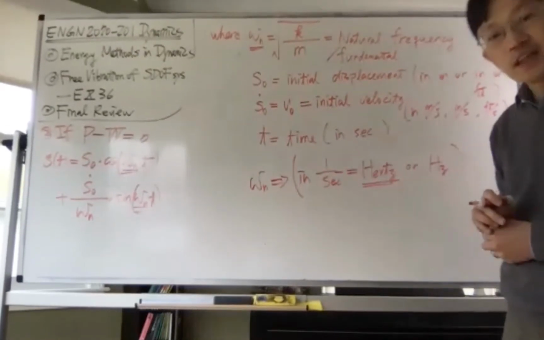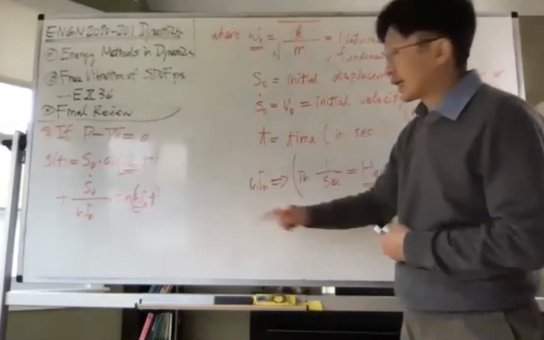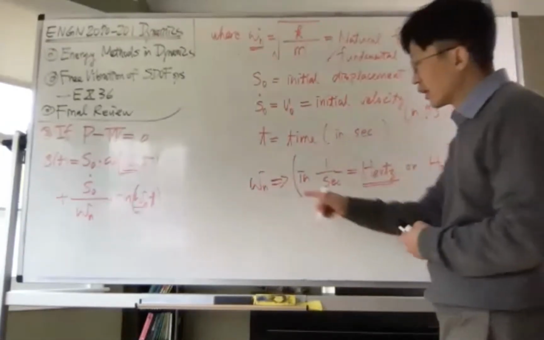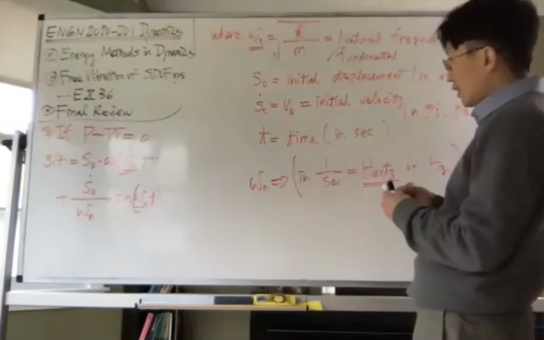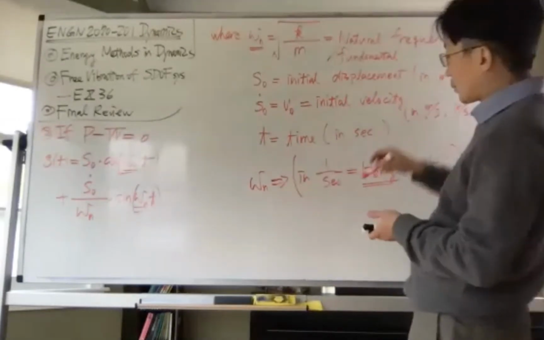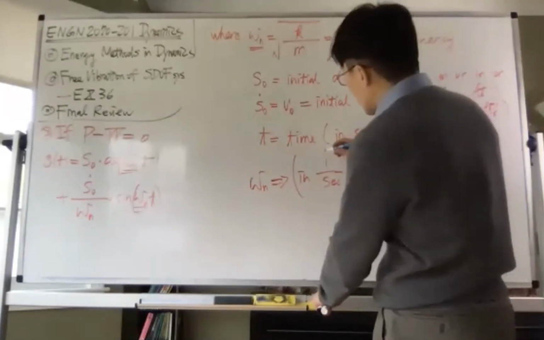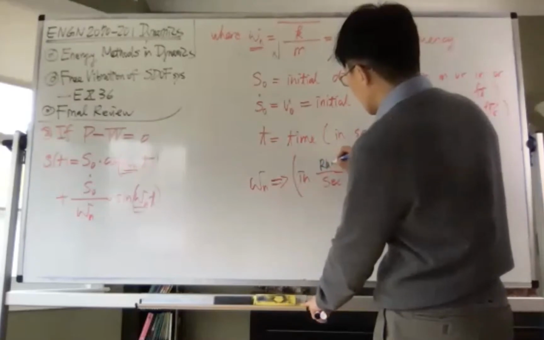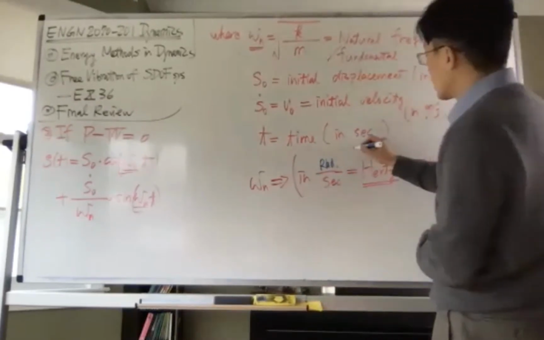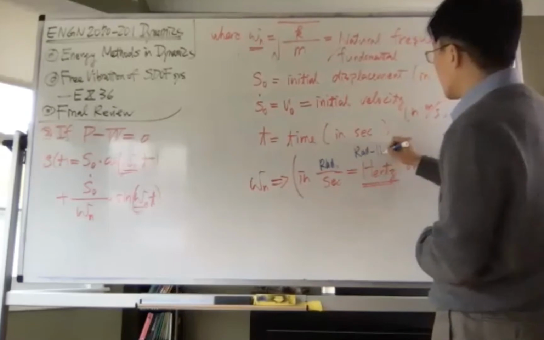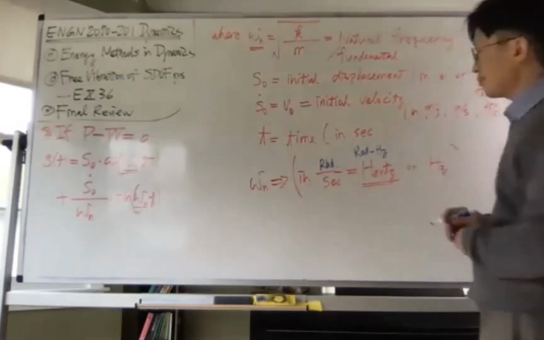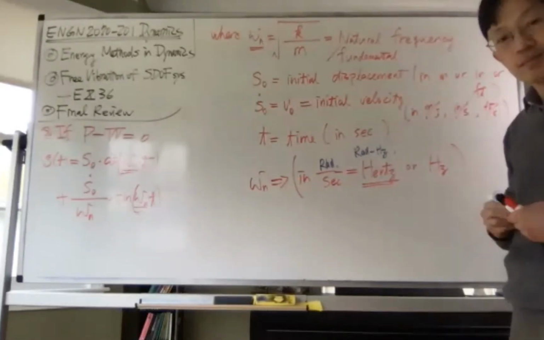Now, be careful here. This omega n actually has two different types of units. If you use omega n, by putting these numbers into here, it will give you radians per second. So this result is going to be radian hertz, not just hertz.